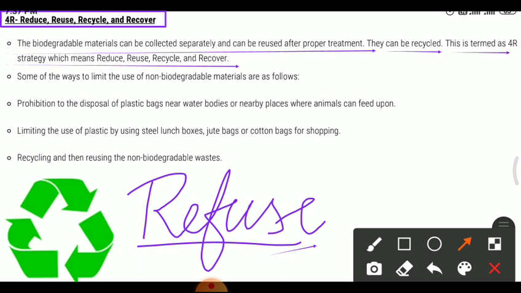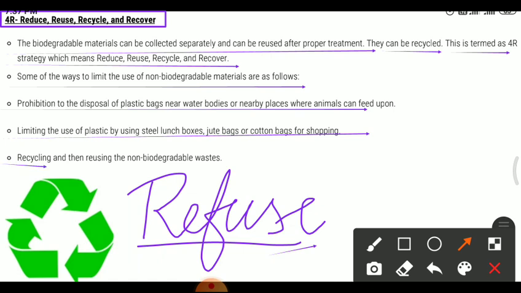Some of the ways to limit the use of non-biodegradable materials are as follows: prohibition of the disposal of plastic bags near water bodies or near places where animals can feed upon them. Limiting the use of plastic by using a steel lunch box, jute bags or cotton bags for shopping. Recycling and then reusing the non-biodegradable wastes.